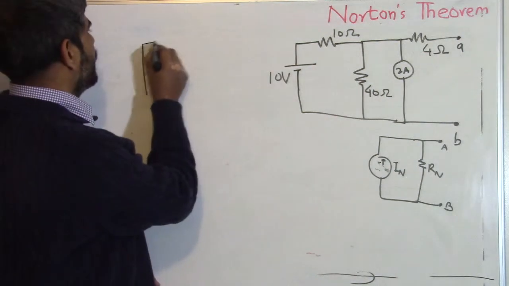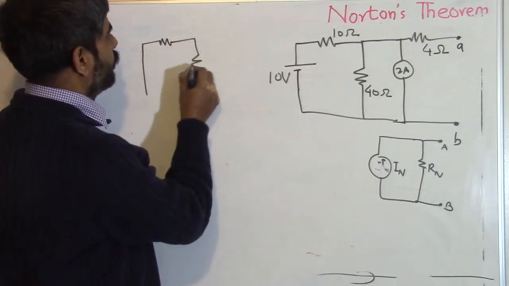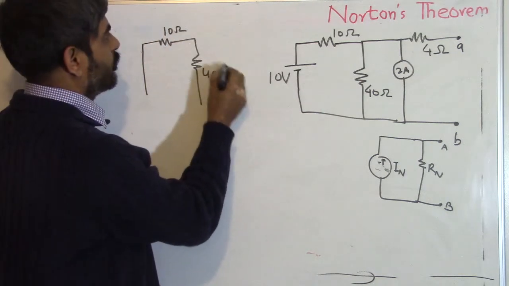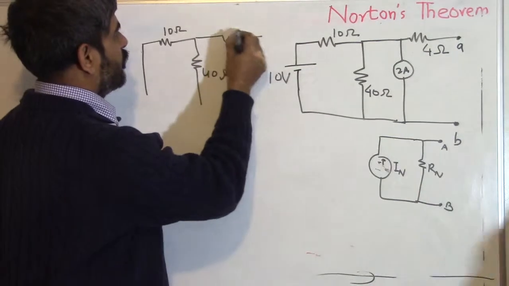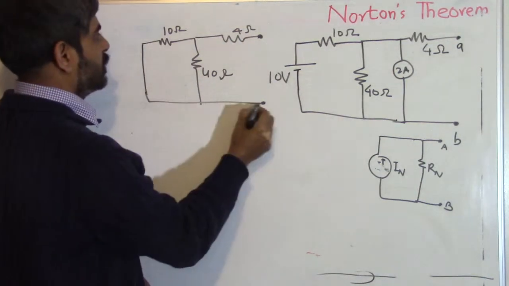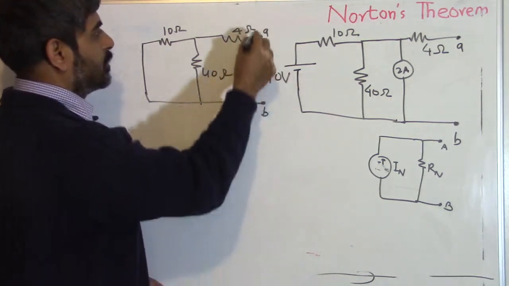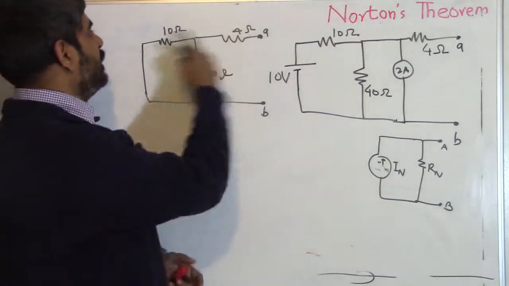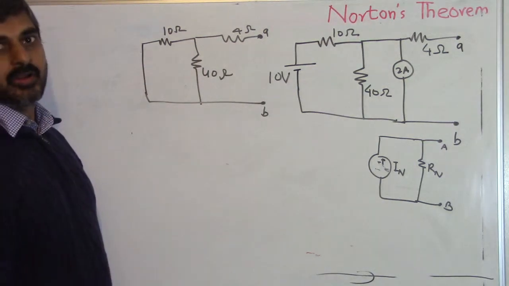We get a circuit like this: this is 10 ohm, this is 40 ohm, this is 4 ohm, this is point A, this is point B. We are looking from this side and trying to find the equivalent resistance of this circuit.